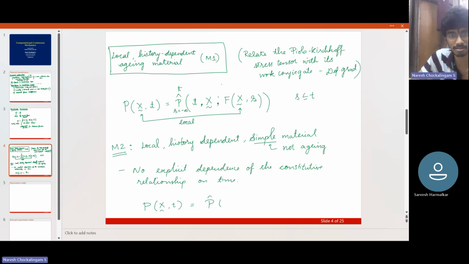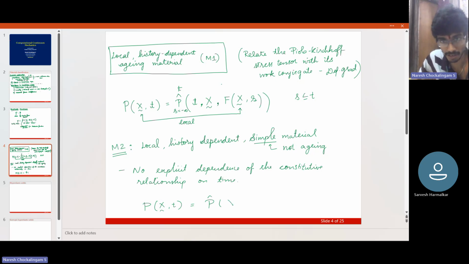Unlike certain polymers called aging polymers or biological materials, which give a different stress response depending on which time. So subjected to the same deformation history, they can give two different stress responses if it is an aging material. But if it is a simple material which does not undergo aging, then the response function is something like this.